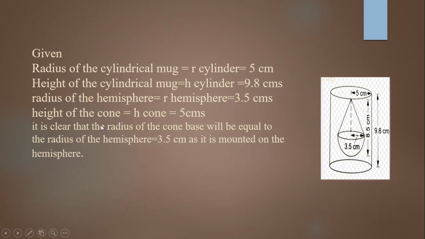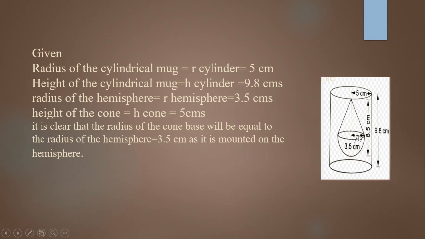Here it is clear that the radius of the base of the cone will be equal to the radius of the hemisphere, because in the given problem it is clearly given that the right circular cone is mounted on the hemisphere having the radius of 3.5 centimeters. So we can conclude that the radius of the cone base will be 3.5 only.